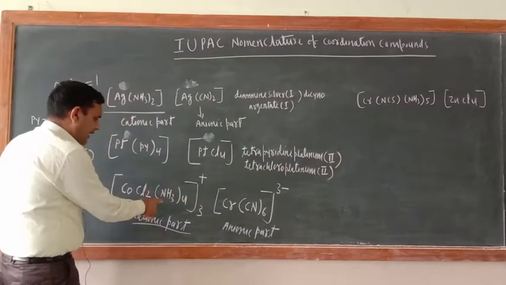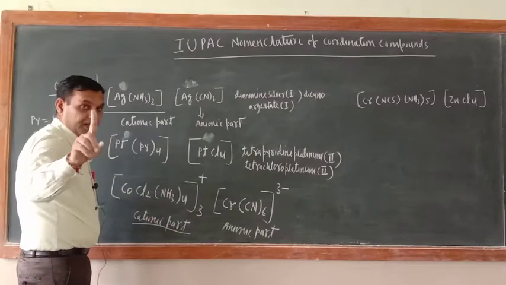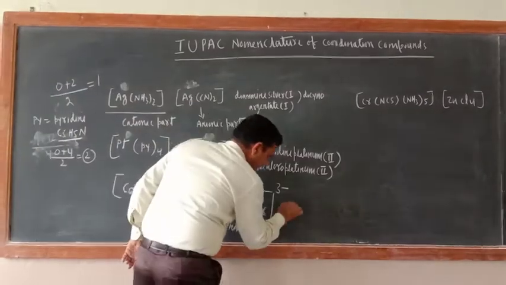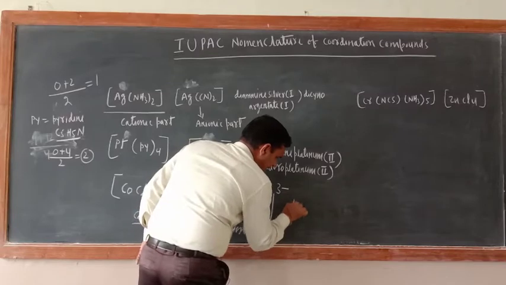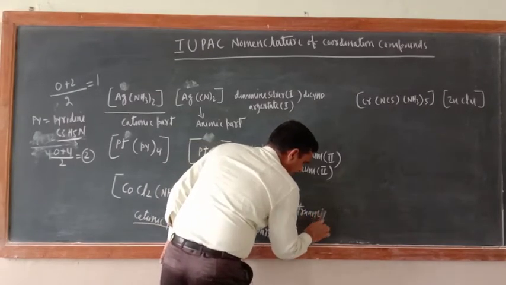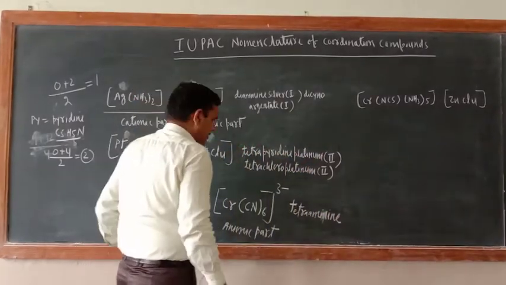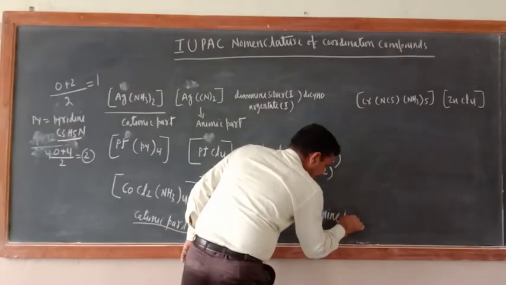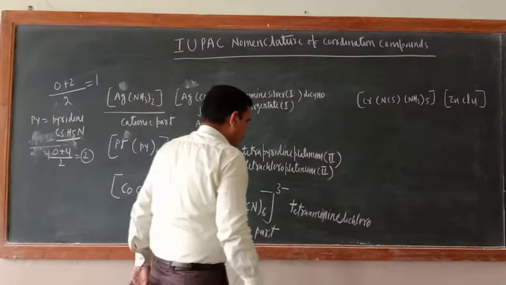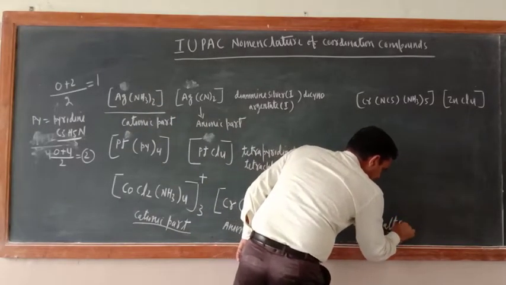Just see, apply alphabetical order here, the alphabetical order of their names. So this is tetraammine, double M, tetraammine. Then dichloro, cobalt, third.